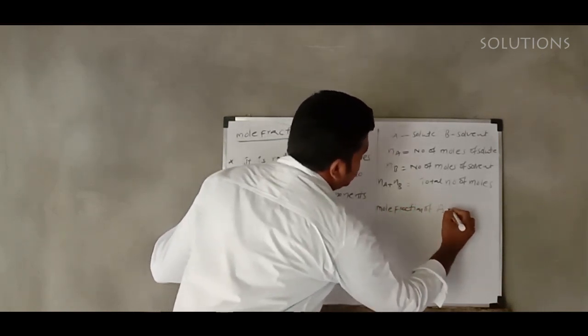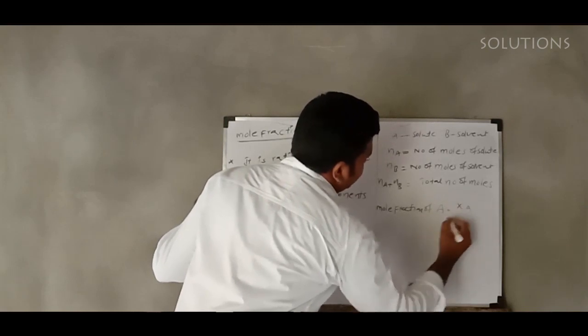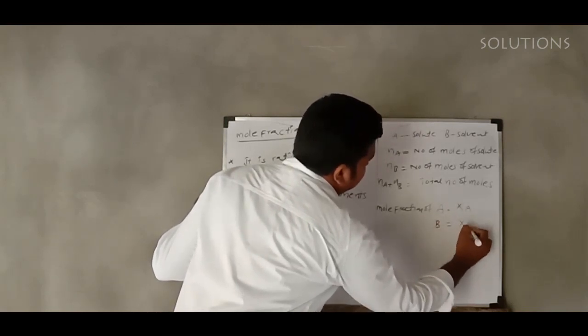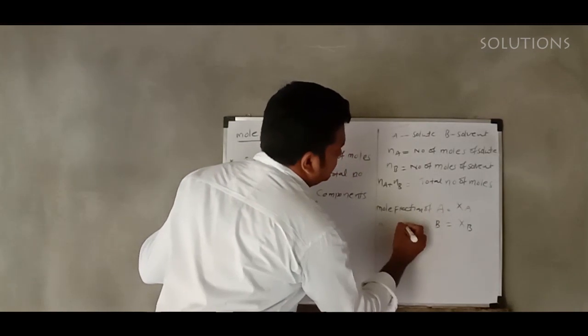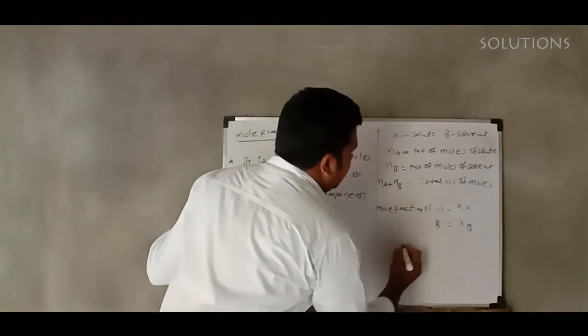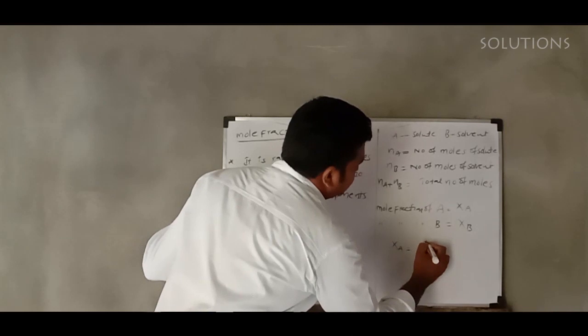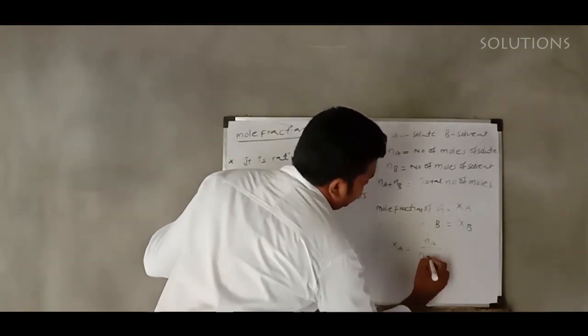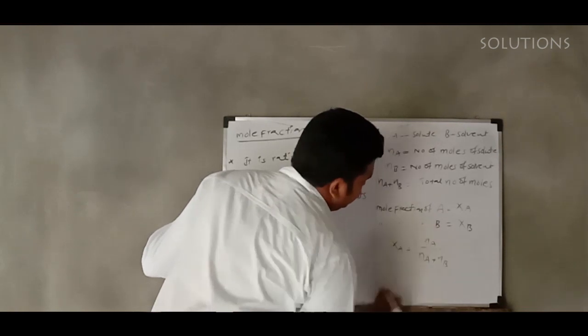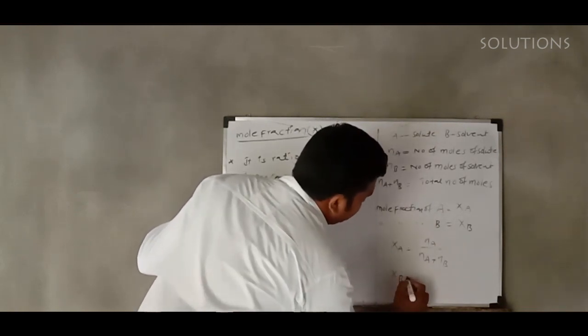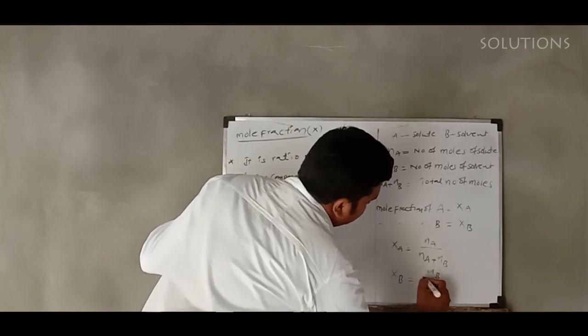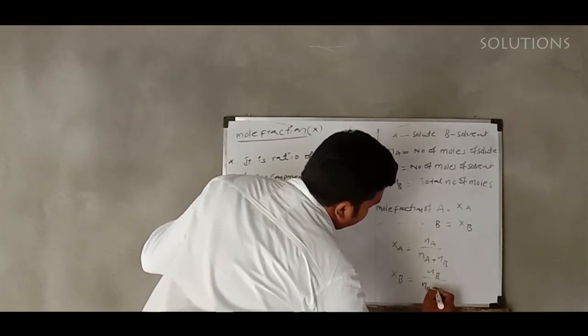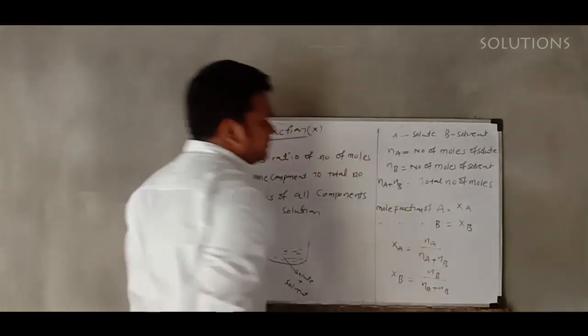Mole fraction of A, I will write XA. Mole fraction of B, I will write XB. Now XA is equal to NA by NA plus NB. In the same manner, XB is equal to NB by NA plus NB.